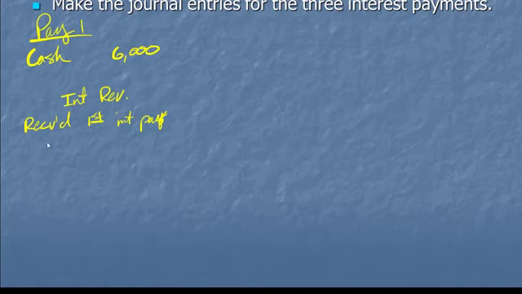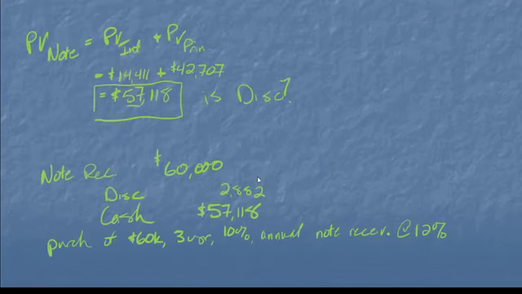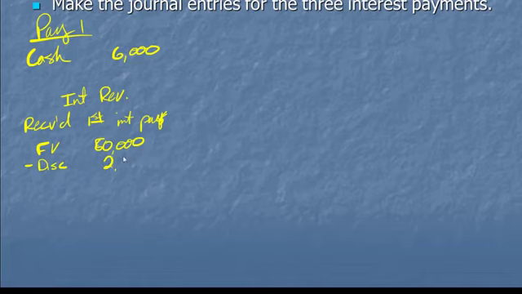And the way we do the calculation is we take the face value minus the discount, or plus the premium if it had come out the other way. $60,000 is our face value. Our discount is this amount, $2,882. So our carrying value is $57,118.